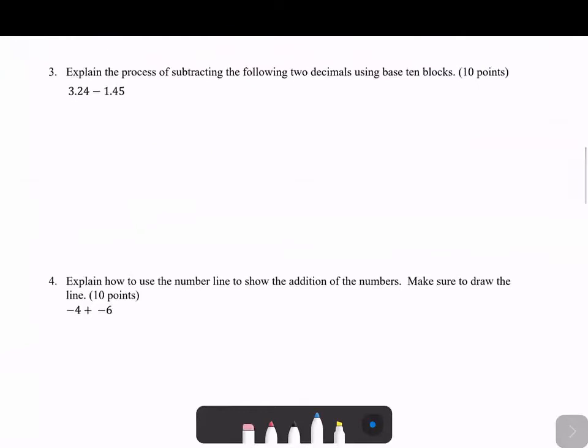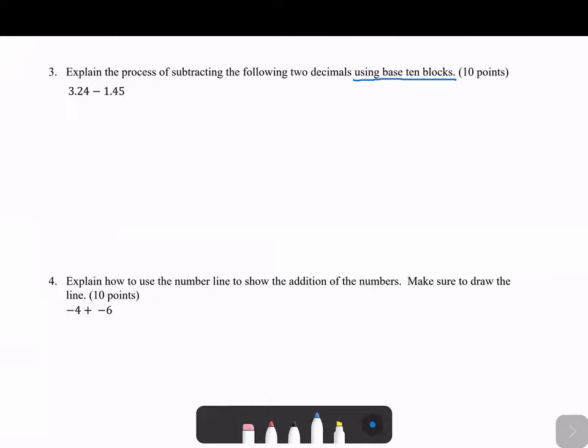So now we want to explain the process of subtracting the following two decimals using base 10 blocks. So if you're asked to do a question using a certain method, if you don't do that method, you're going to get points off. It explicitly says to use base 10 blocks, so you need to use base 10 blocks. And remember, whenever we use base 10 blocks with decimals, we always have to say what block represents 1.